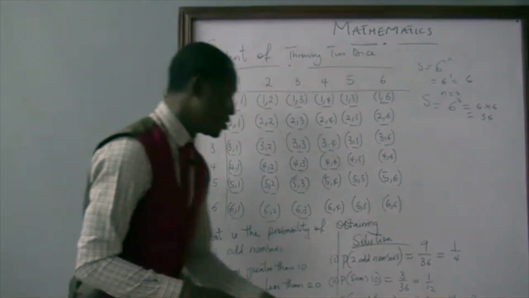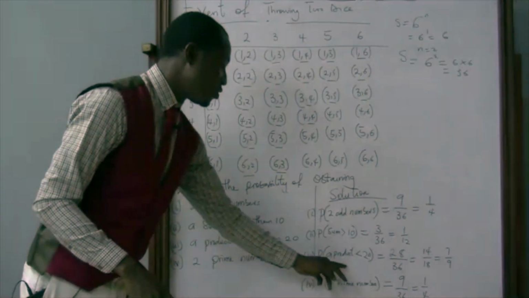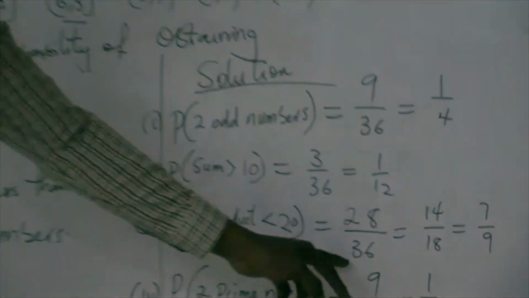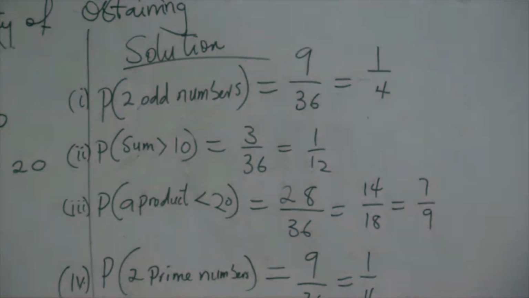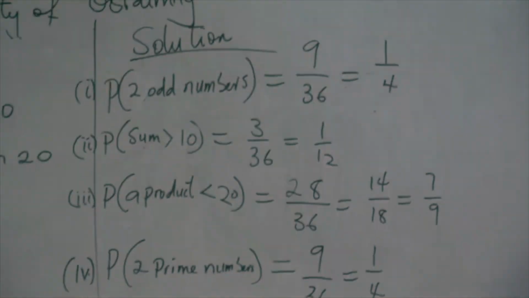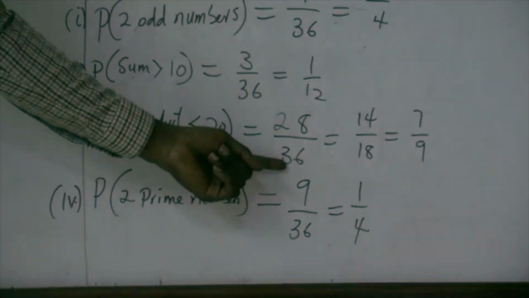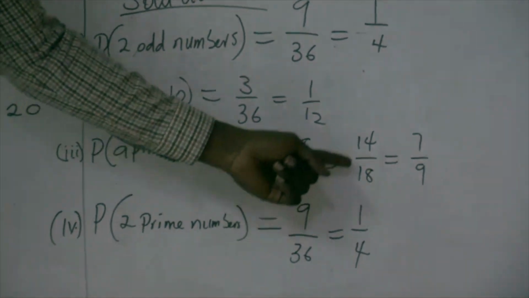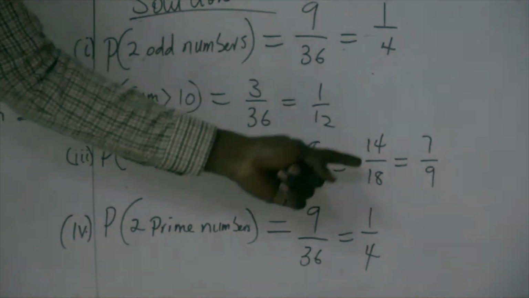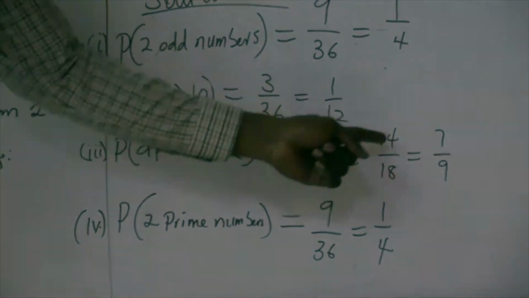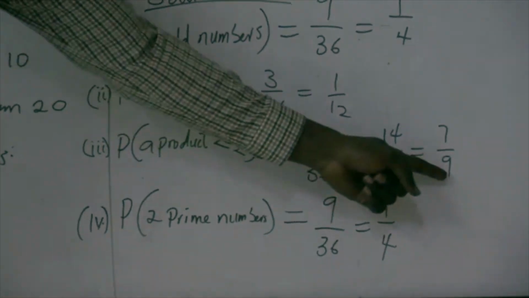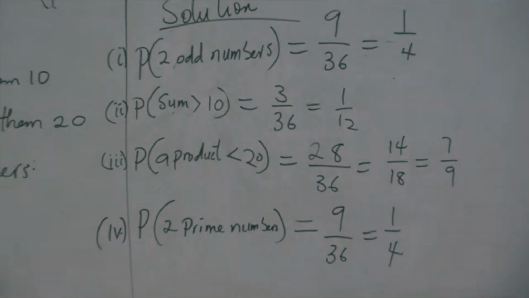That's how I got the probability of a product less than 20 is 28 over 36. Reduce that by 2. 28 divided by 2 is 14, 36 divided by 2 is 18. 14 divided by 2 is 7, 18 divided by 2 is 9. So the simpler form is 7 over 9.